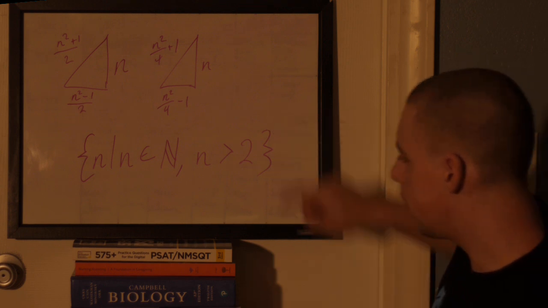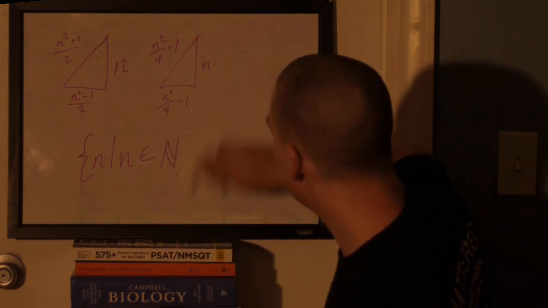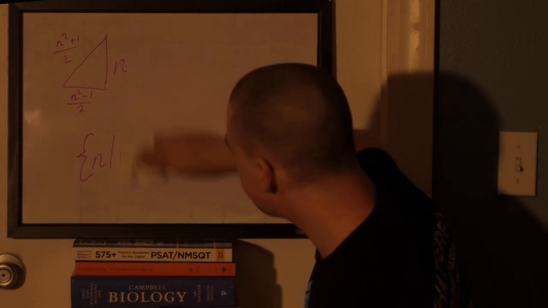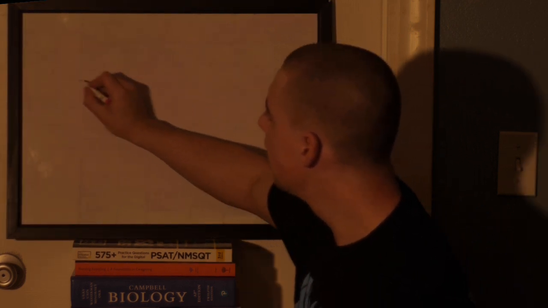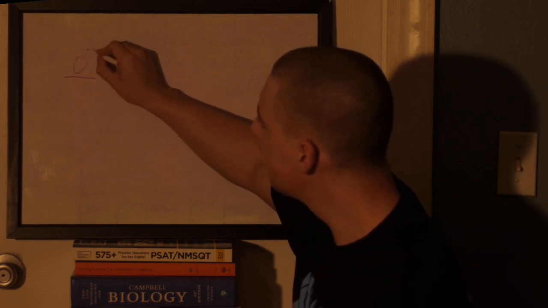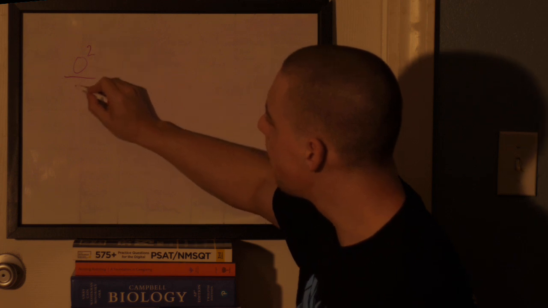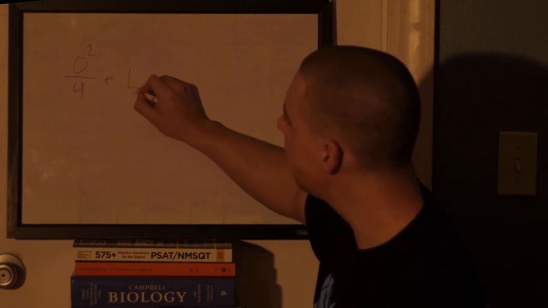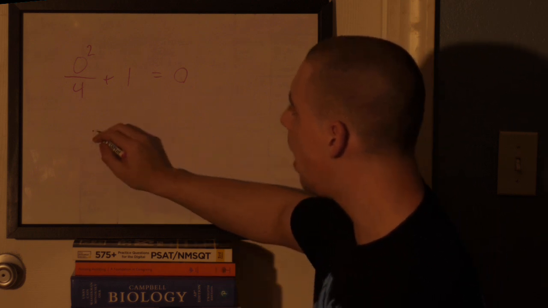Now, I'll show you why 2, 1, and 0 don't work. Zero is an even number, so you would plug in 0 squared over 4 plus 1 equals 0. 1 is an odd number.